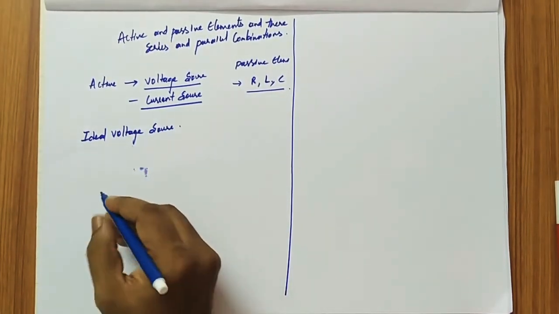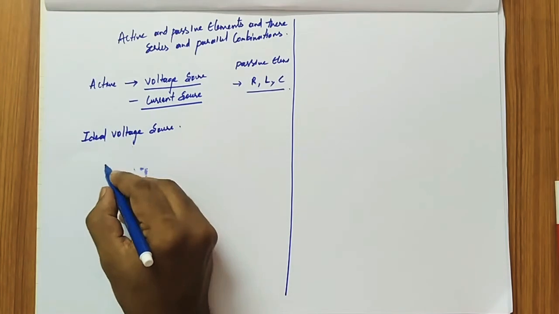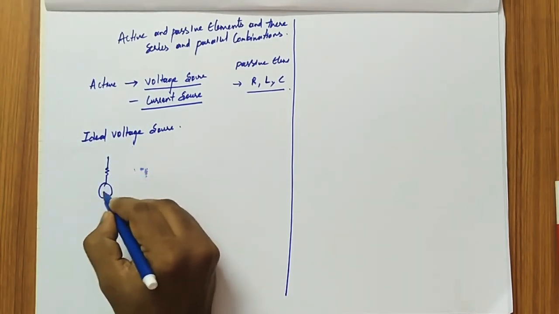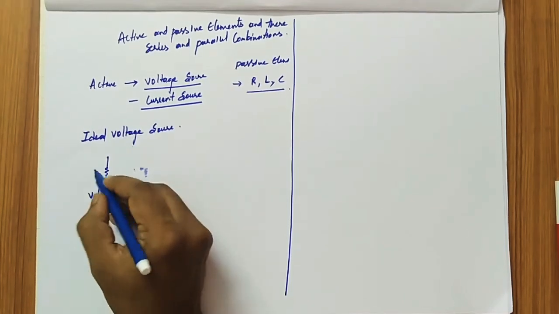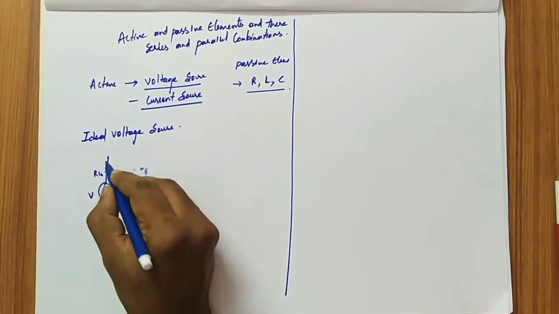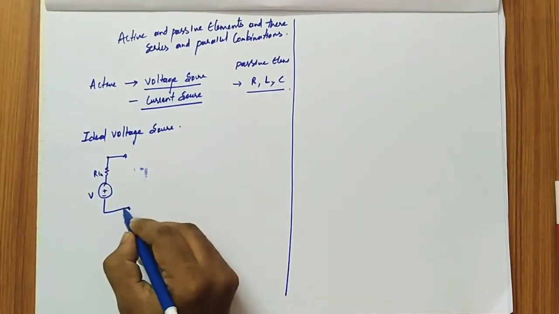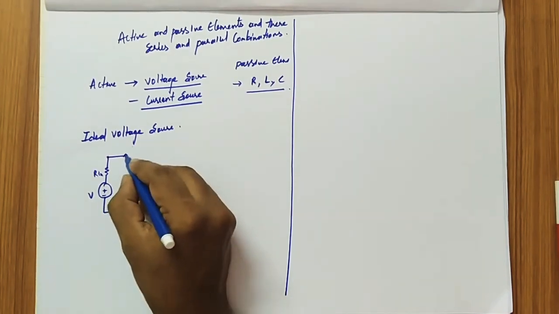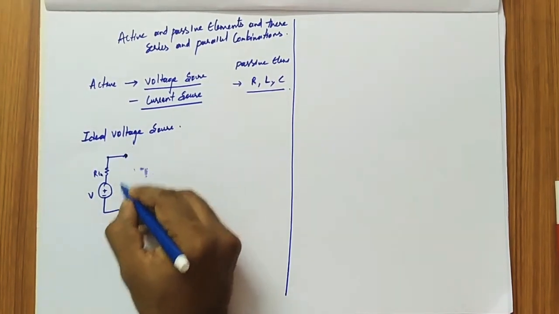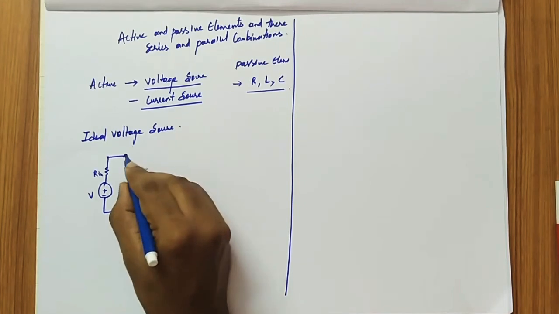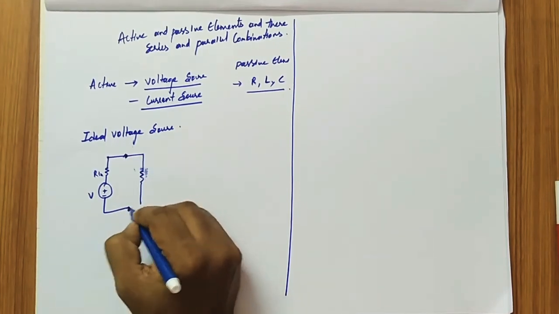In general, the practical voltage source is represented like this. This is the internal resistance and this is the voltage, and these are the load terminals. Okay, so we connect a load here.